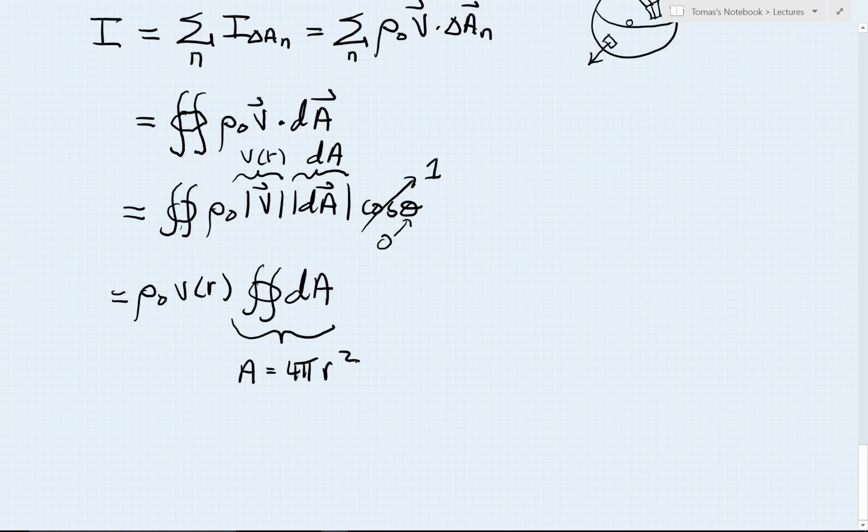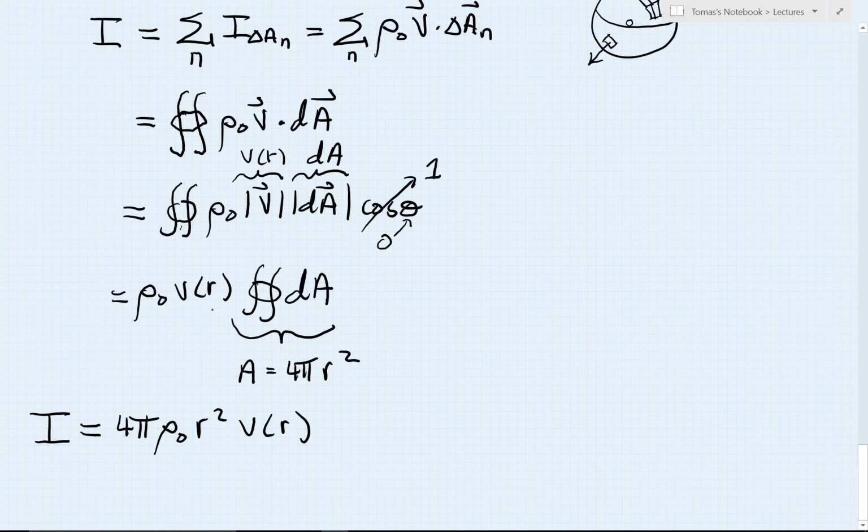And so I have a final result that the total current that I'm pumping in down that hose has to match the total current out of the sphere, and the total current out of that sphere, putting all of these results together, is 4 pi. There's a factor of rho naught that I don't want to forget. It depends on distance squared, and then multiplies v of r, and that gives me all of my factors.